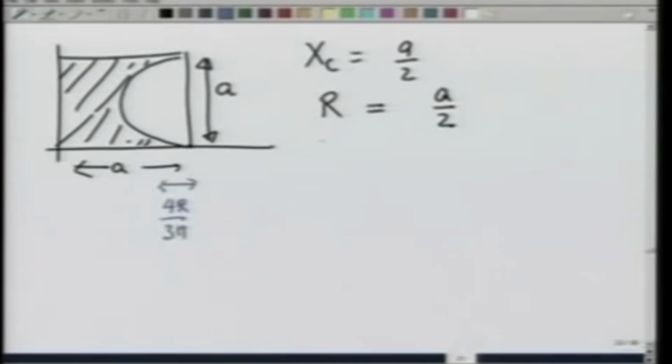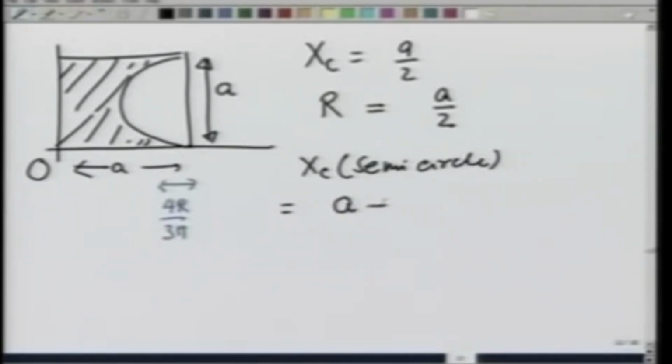And therefore, xc with respect to this origin of the semicircle is going to be equal to a minus 4 over 3 pi times a by 2, which is a minus 2a by 3 pi. This is the xc of the semicircle.